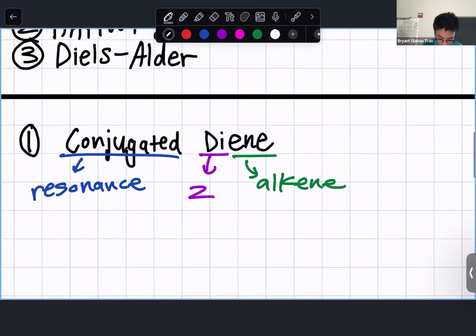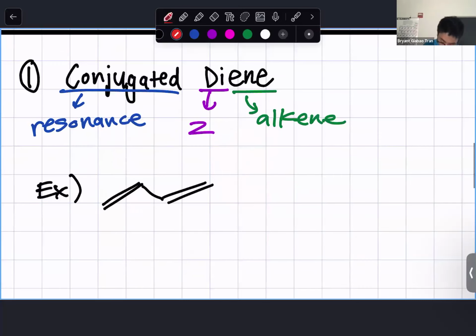Some examples would be like that. This is one example because we see this alkene here is right next to that alkene, where you notice how all of these carbons of the molecule are sp2, sp2, sp2, sp2, sp2. Since there's a network of sp2 atoms, they could do resonance with each other, right?